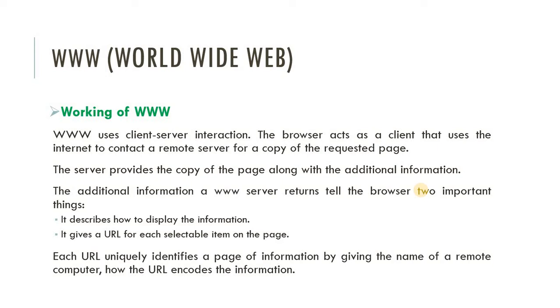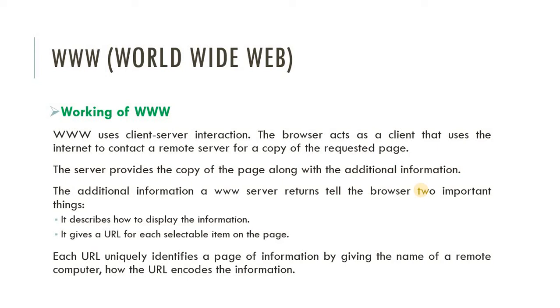But before the display, it contains two things. First is the display information, in which format the data will be displayed. So that format is also sent by the server, and next is a URL. So those two things are given by the server.